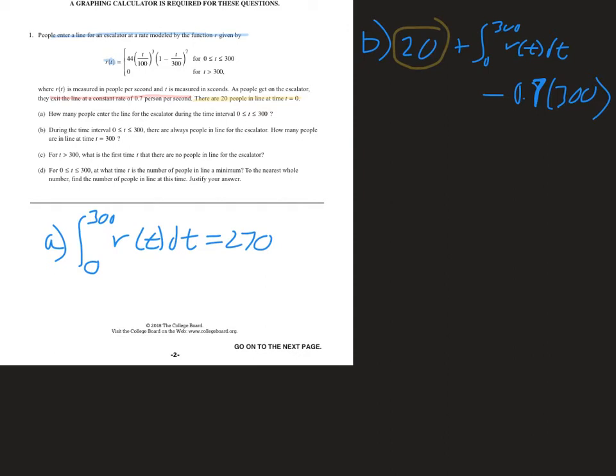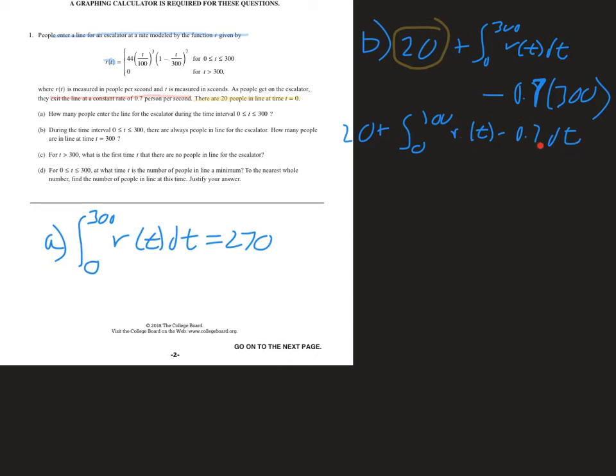You could, if you wanted to, take this same expression and rewrite it a little bit here. It's going to be 20 plus the integral from 0 to 300 of R of t minus 0.7 dt. Where now what I've done is I've taken my integral and made it the overall rate of change, because it's the rate in and the rate out being subtracted, and I can put that all into the integral.